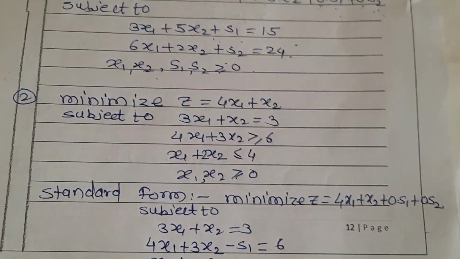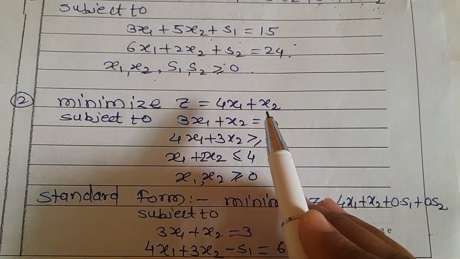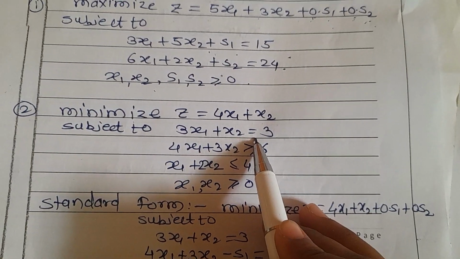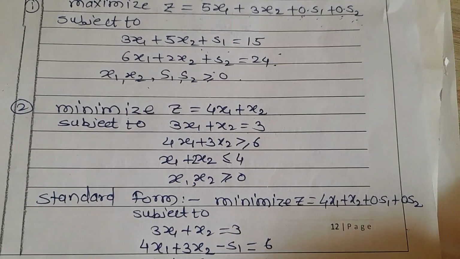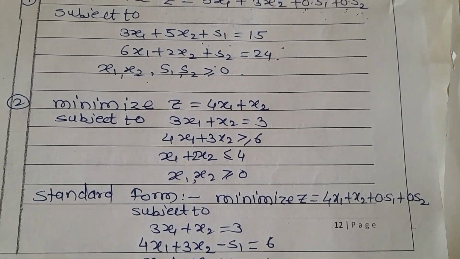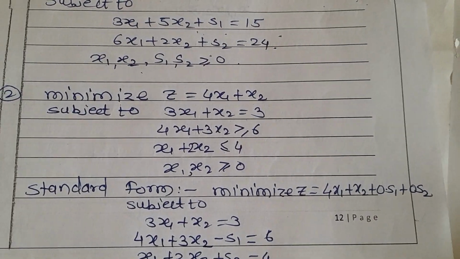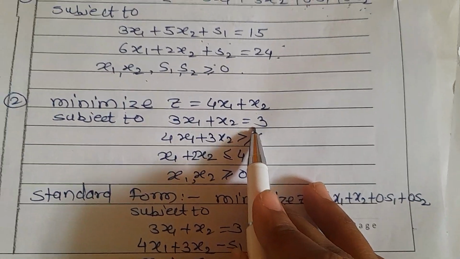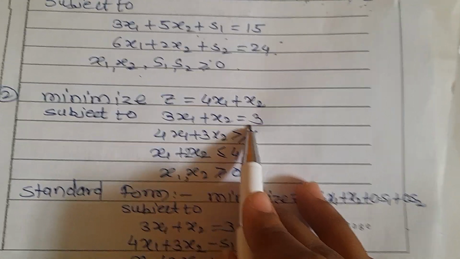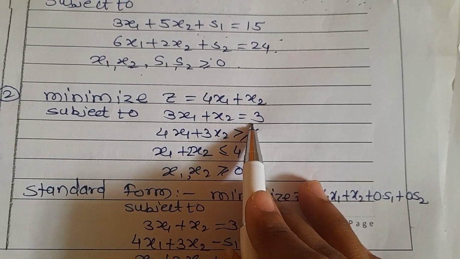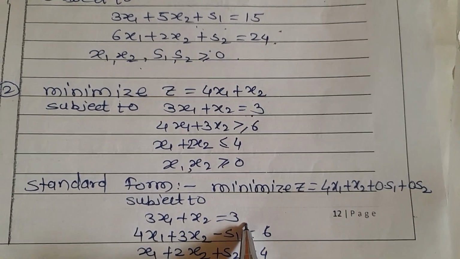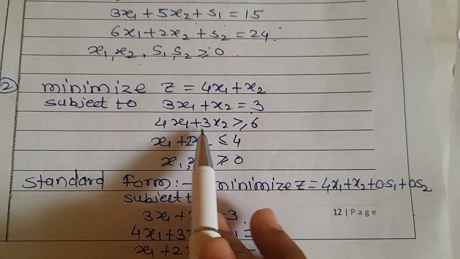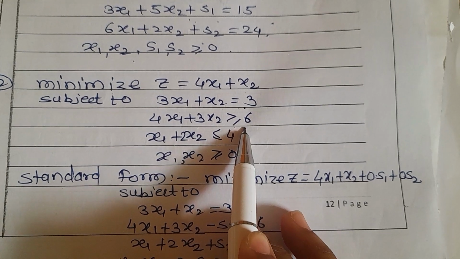In the Big M method we can use an artificial variable here, but in the simplex method there is no need for adding any artificial variable, surplus variable or slack variable. It is already in equation form, so it is written the same. Here 4x1 plus 3x2 greater than or equal to 6.